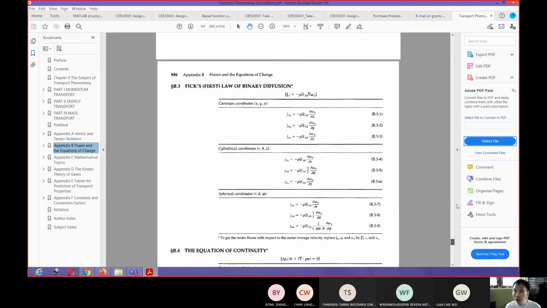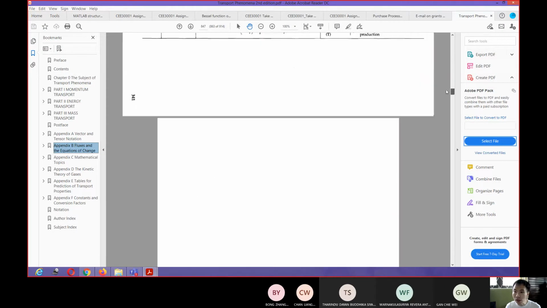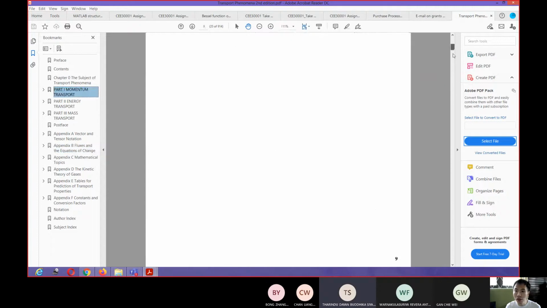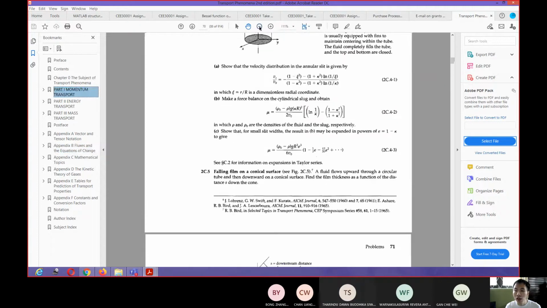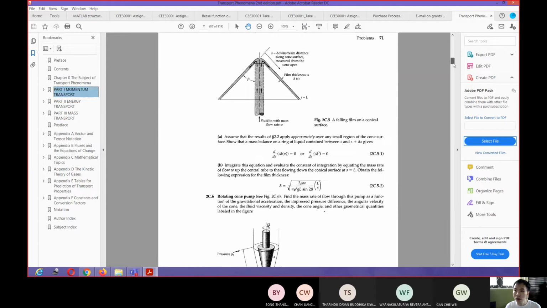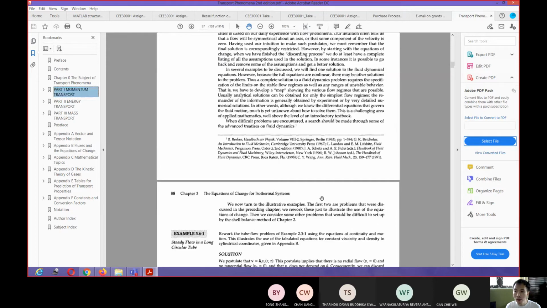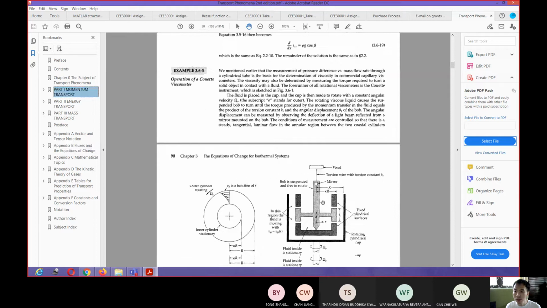Okay, what I need to point out is that some of you go into the momentum transport and try to solve it using this example, example 3.6.3, operation of a quad viscometer.